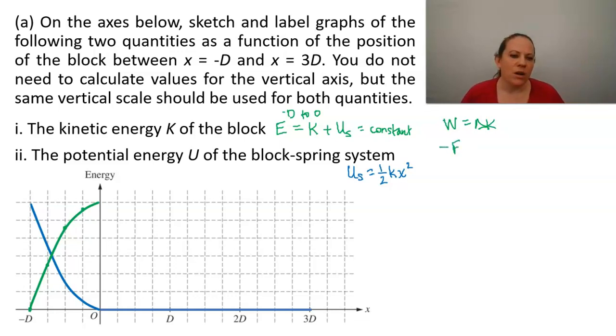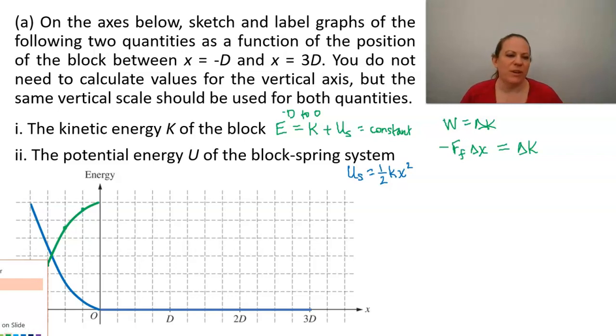And that work, we're going to give it a negative sign because it's in the opposite direction of the displacement of the block. So negative friction times the displacement will be equal to the change in kinetic energy.